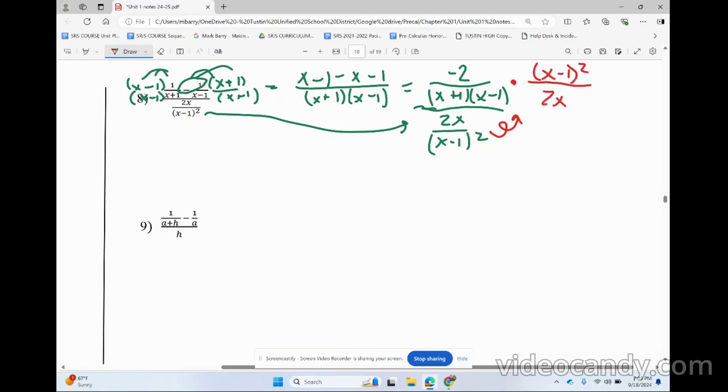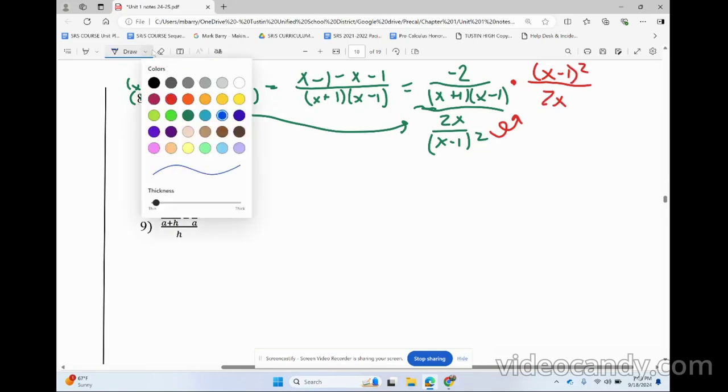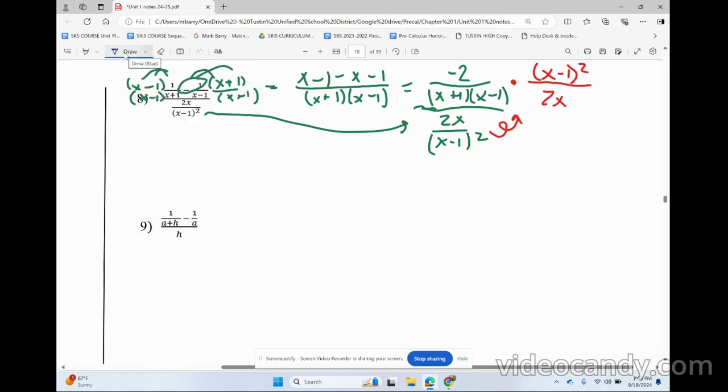So it'll look like that. Okay, so now I can actually start canceling stuff out here. Now I can actually cancel out this x minus 1 on bottom. I can cancel out, I see it as canceling out with the squared on top. If you want to kind of think of the squared, it's just like x minus 1 times another x minus 1. It's like this one got canceled out, so there's still one x minus 1 left.